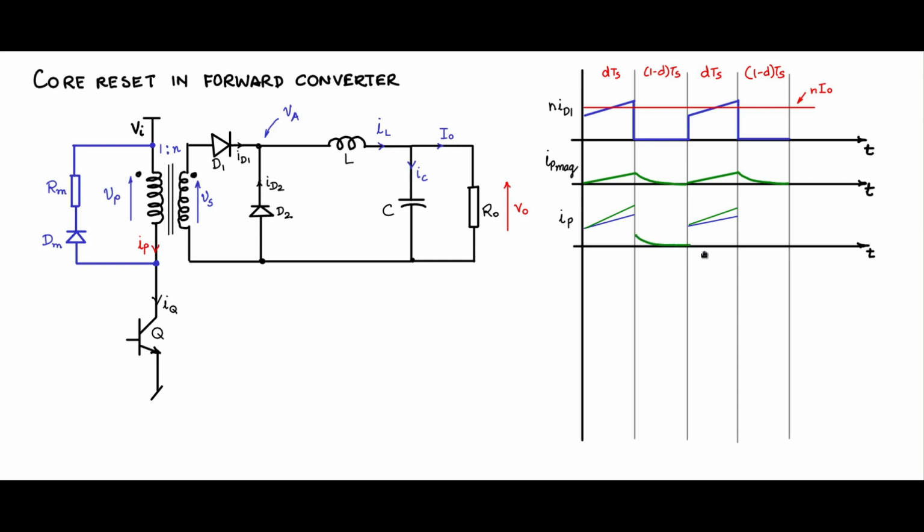So the total IP current will look like this, drawn in a thick green line. This will be the IP current that will be flowing through the primary winding. Let us now see also what is the voltage across Q, VCEQ.